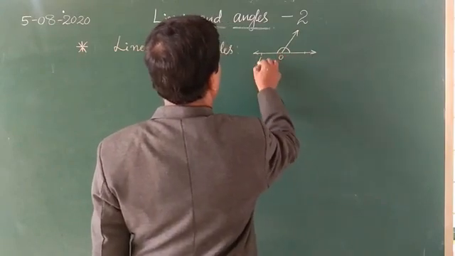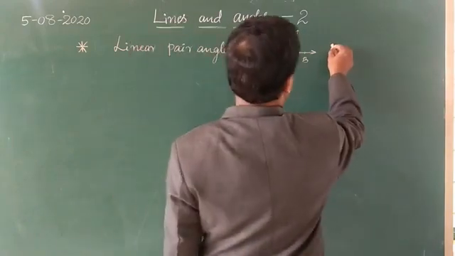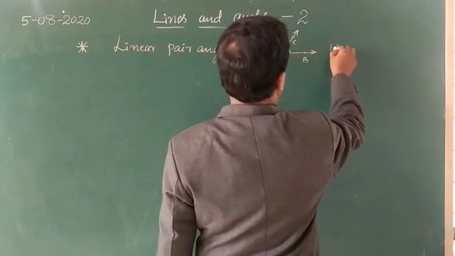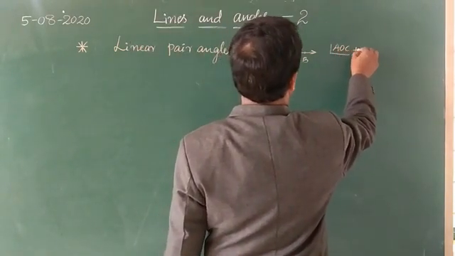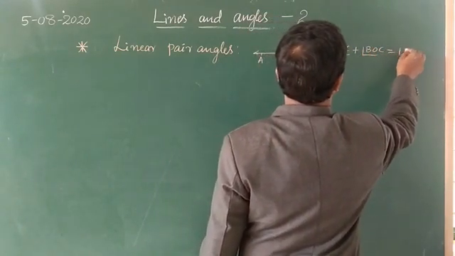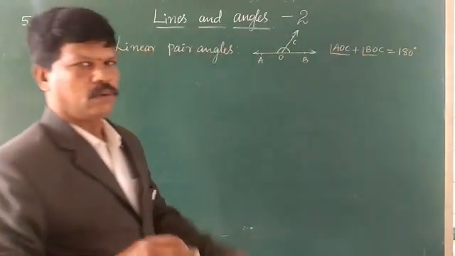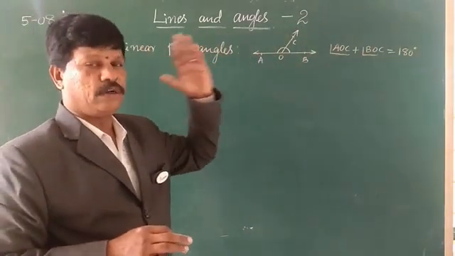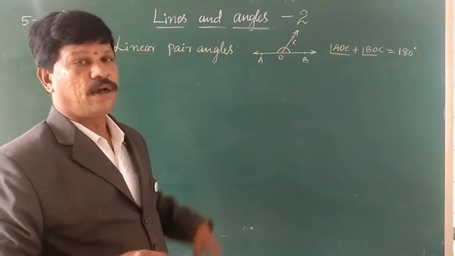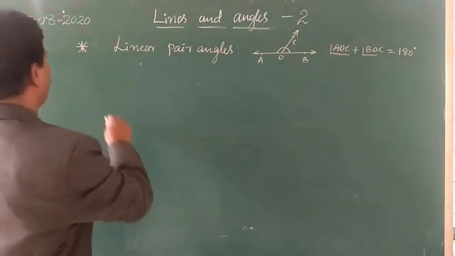Here is A, B and C. So I am writing this as angle AOC plus angle BOC is always equal to 180 degrees. So keep this in your mind when you are doing the problems. We make use of linear pair angles.